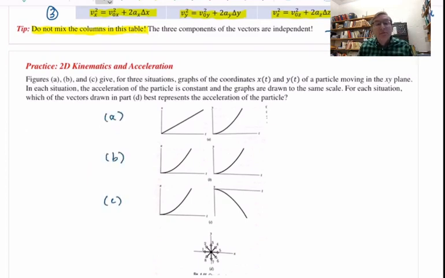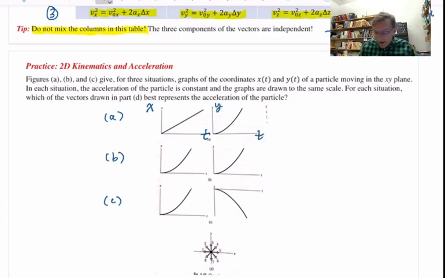And these represent 3 different situations in which we're plotting the x-coordinate and the y-coordinate as a function of time for a particle that's moving in the xy plane. Because it may be difficult to read, I'll label these axes a little bit larger. This first graph under A is x versus t. And then the second graph is y versus t.